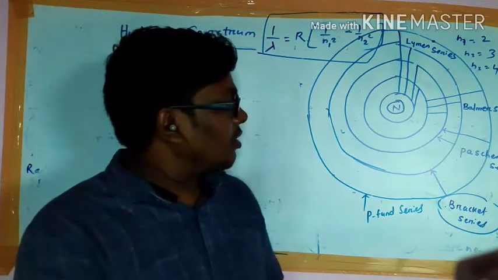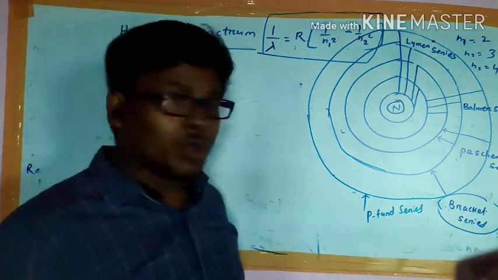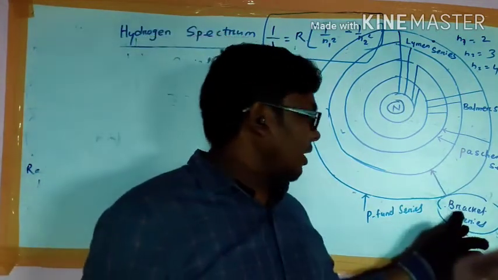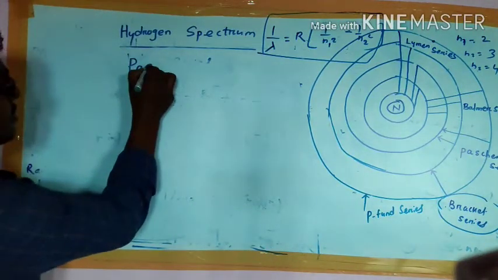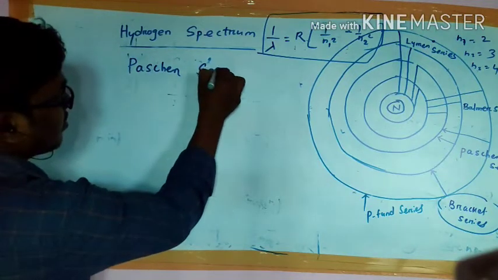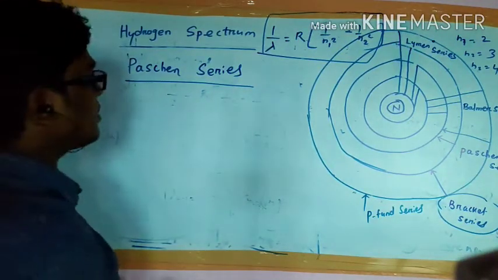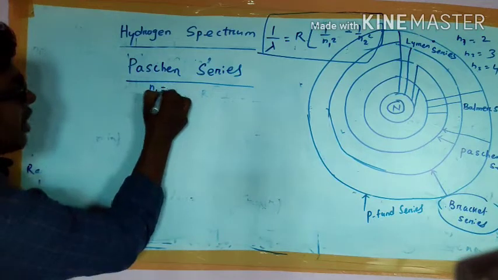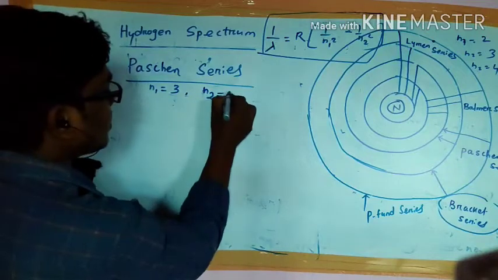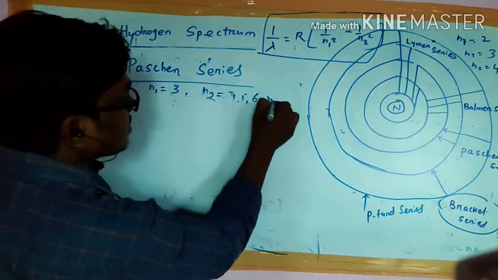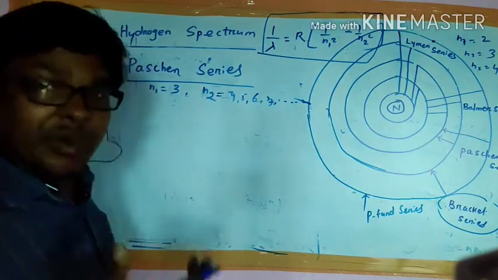So I am going to calculate the Paschen series and I am giving you the task to do the calculation of wavelength for the Brackett series and Pfund series. So for the Paschen series, ground state orbit n1 is 3, excited state orbit n2 is 4, 5, 6, 7 up to infinity. Then the maximum wavelength and the minimum wavelength.